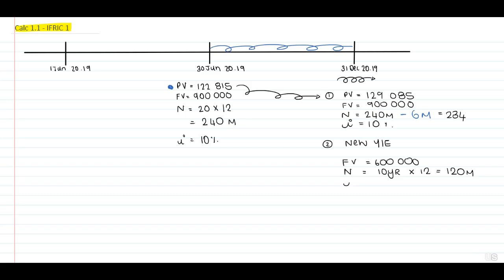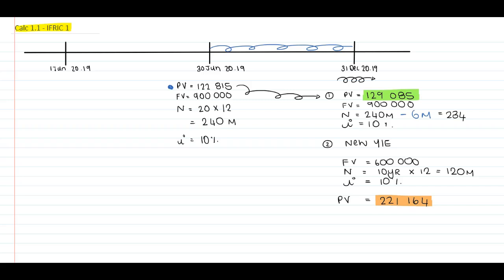Our rate will still remain to be the 10%. Therefore, our present value will now be an amount of 221,164.